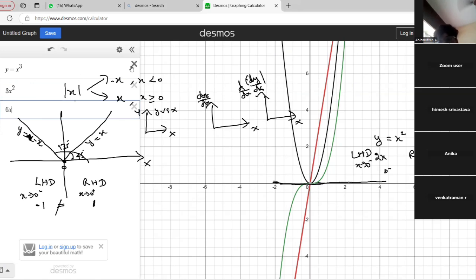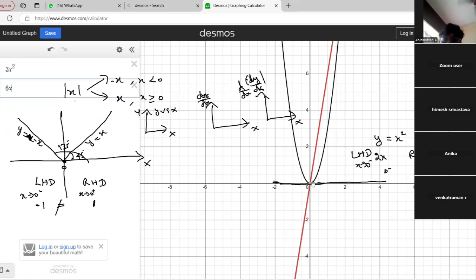Now if someone is seeing only the graph of 3x square, and they are able to plot the change happening between every point. For example, you notice this x value, 1.162, and the value is 4.05073. So this is the x value, and this is the dy by dx value, f dash x value.